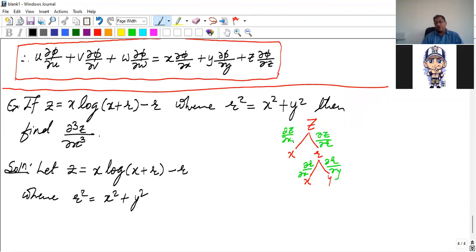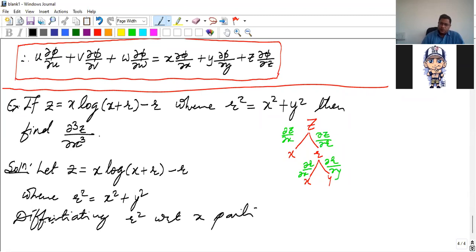From this variable tree, if we want to find the derivative of z, we need the derivative of r with respect to x. So I can write here, differentiating this equation, or differentiating r square with respect to x partially, we get 2r double r by double x.